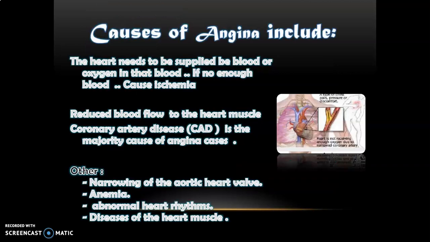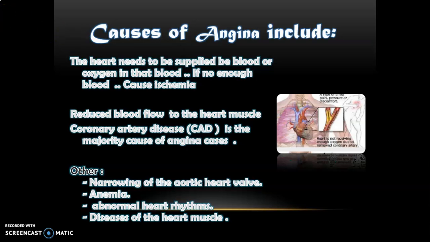So let's see the causes of angina. There are a number of causes for angina pectoris. The heart needs to be supplied with blood and oxygen. If there is a lack of blood with oxygen, it will lead to ischemia, and this ischemic condition is also responsible for reduced working of the cardiac muscles.